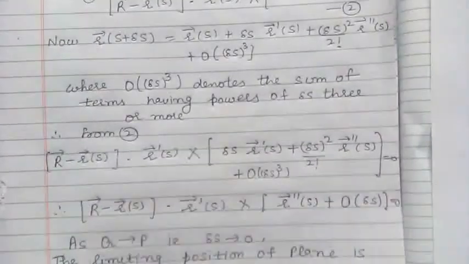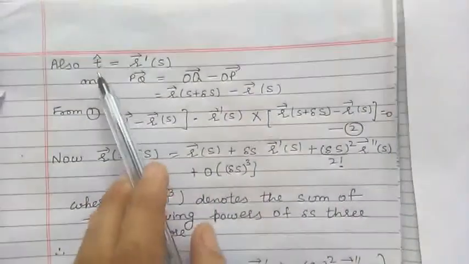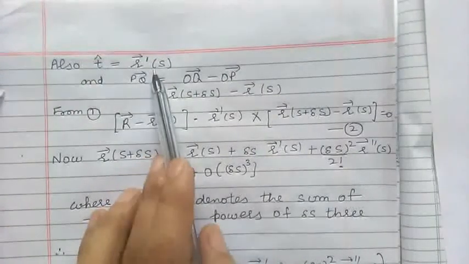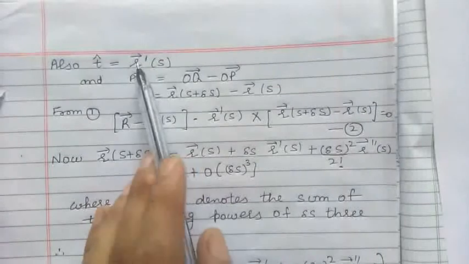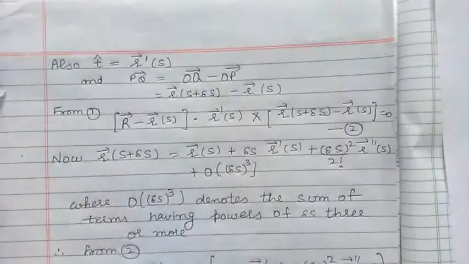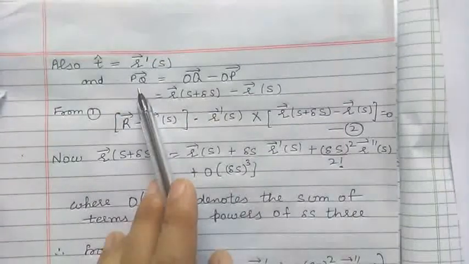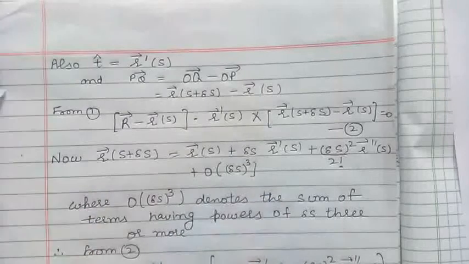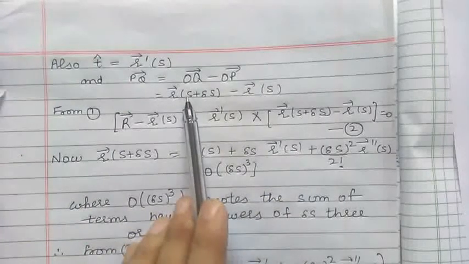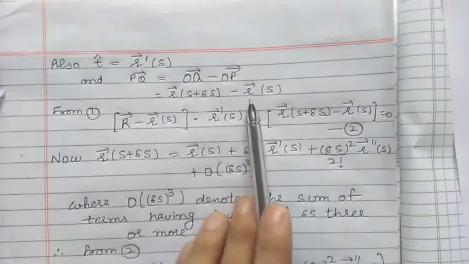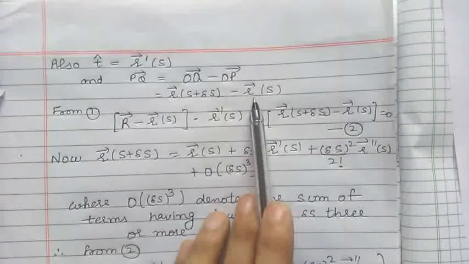The vector t cap, the unit tangent vector at the point P, is denoted by r dash, where dash denotes derivative with respect to S. Vector PQ is the position vector of Q minus the position vector of P. The position vector of Q is the vector R, a function of S plus delta S, minus the position vector of point P, denoted by small r.